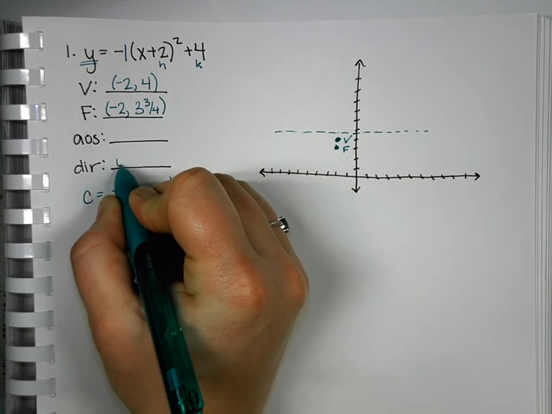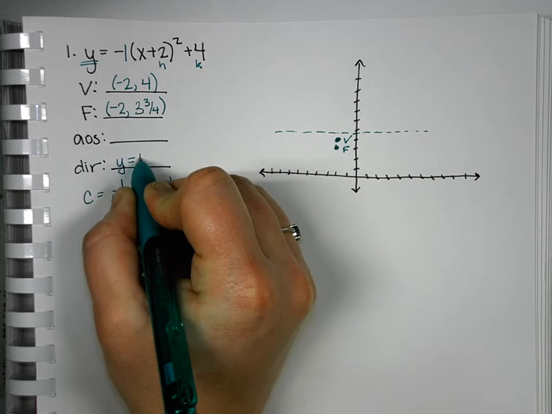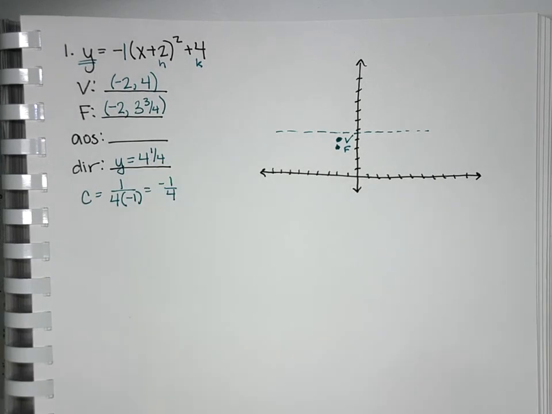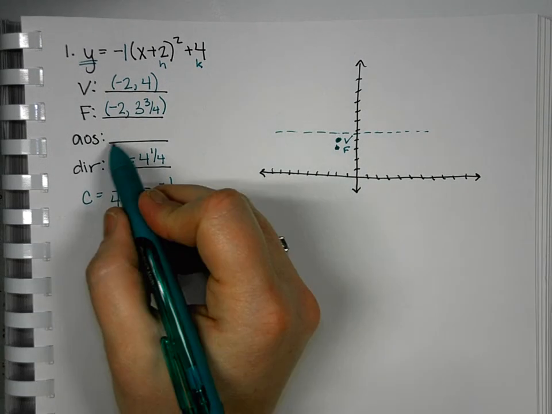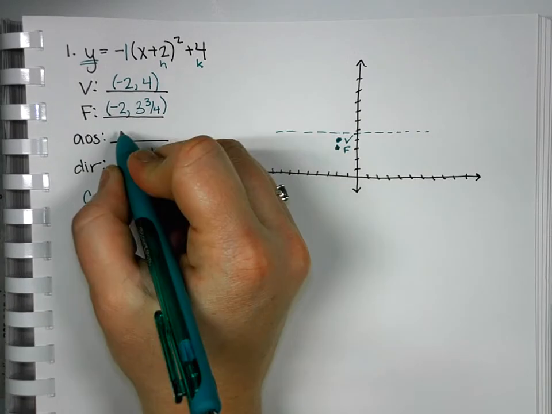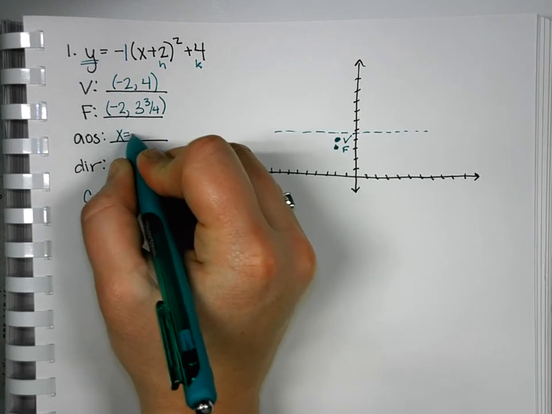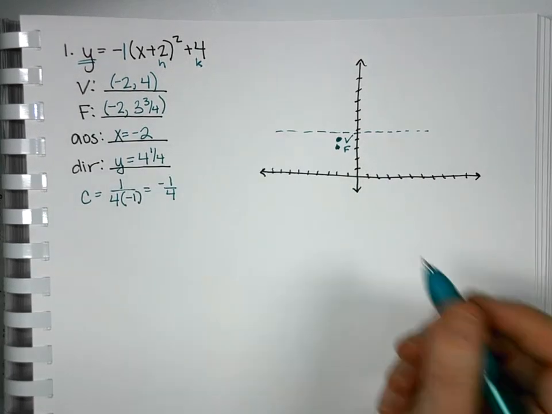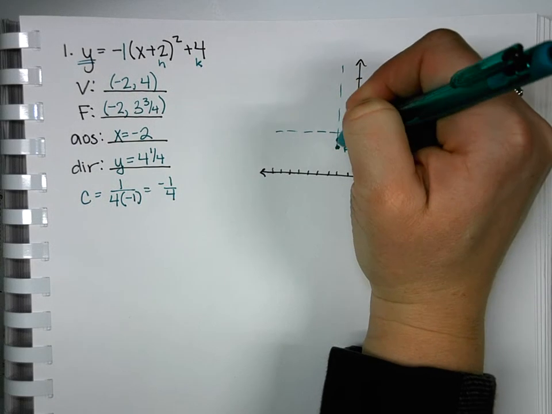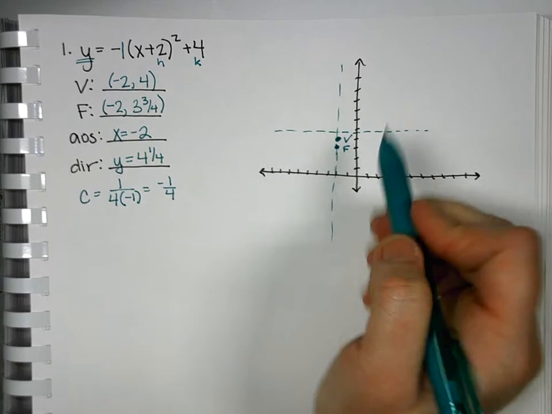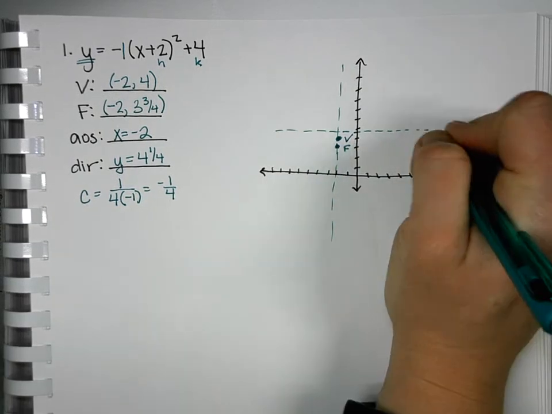So it's going to be y equals 4 1/4, because I'm adding 1/4 to my k. My axis of symmetry will just be x equals h. So that would be x equals negative 2. And your axis of symmetry should go through your vertex and your focus. So this is plenty of information for us to be able to sketch our graph.